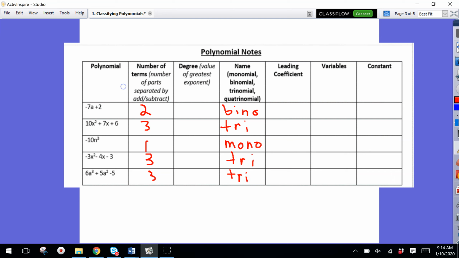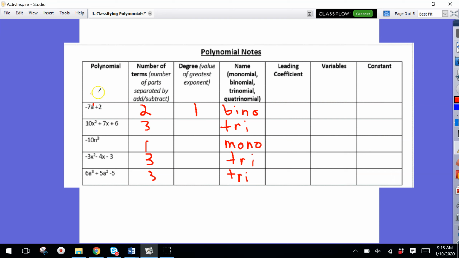Now, there are different types of trinomials and different types of binomials based on the degree. So basically the degree is the value of the greatest exponent. So for example, for this binomial right here, the greatest exponent is 1. There's a 1 right here. So this has a degree of 1.